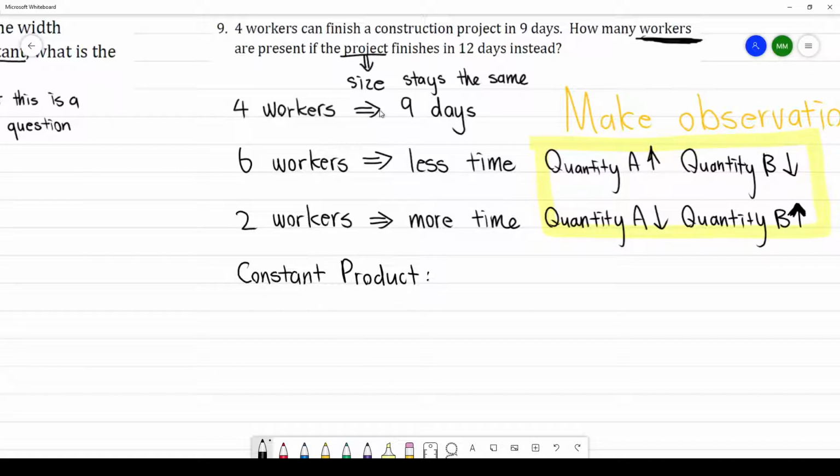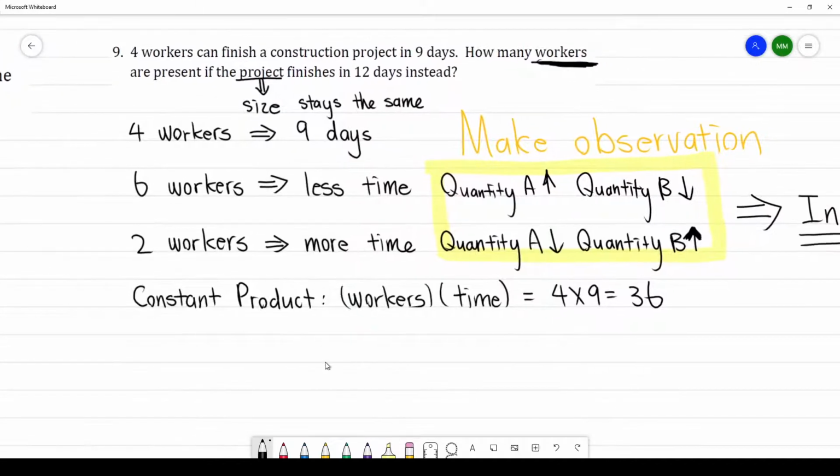You can just multiply the two quantities, even though it might not make sense what it means. We're just trying to build an inverse proportion relationship. So workers times time. The original is 4 times 9, so that equals 36. From this point on, you just plug in 12 into the equation.